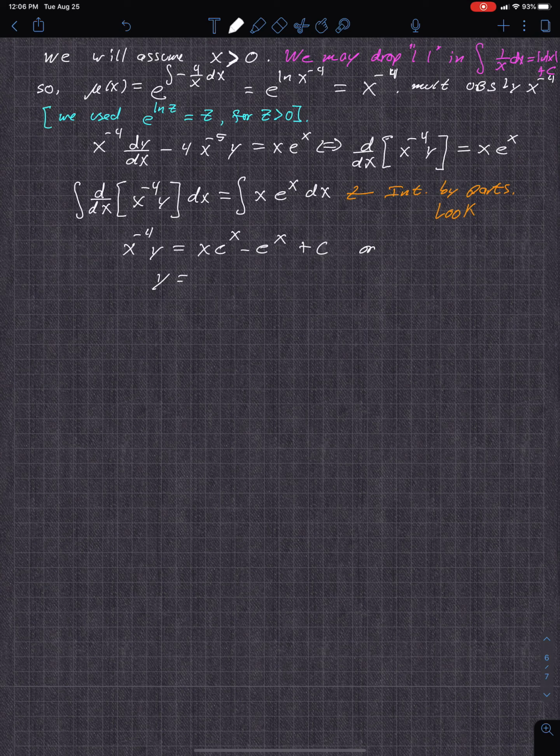So y is equal to x to the 5th e to the x minus x to the 4th e to the x plus c x to the 4th, and that's for x greater than 0. You divide by the x to the negative 4, so you're basically going to add 1 to this and it comes up to the numerator.